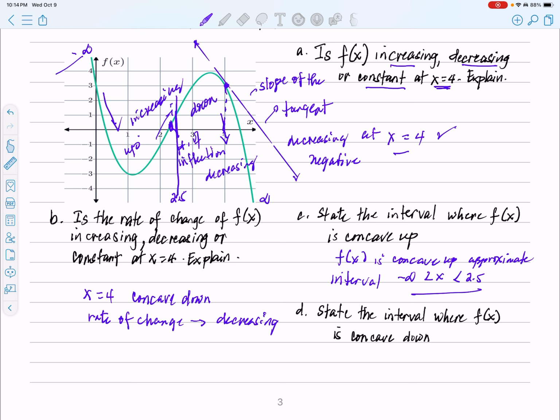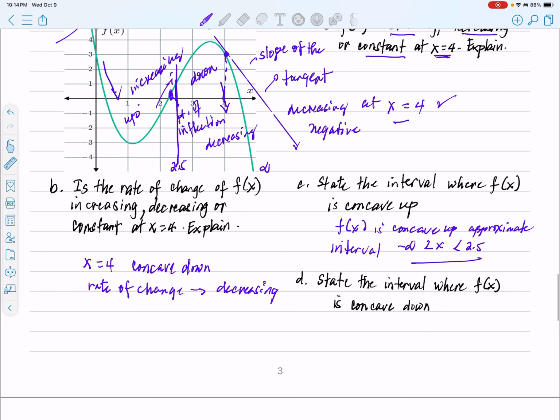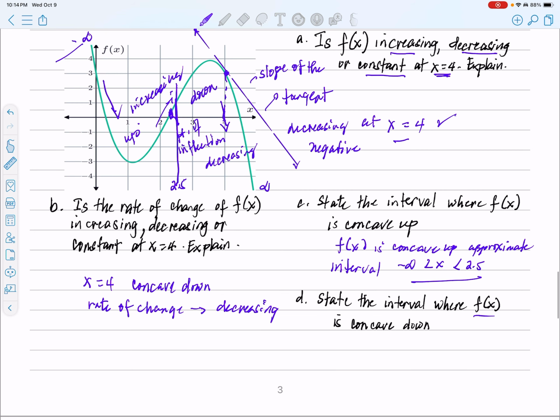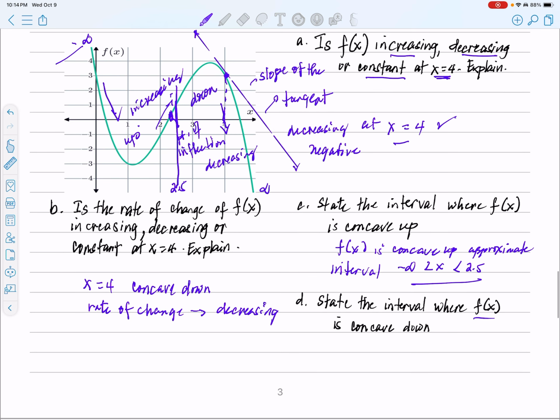So state the interval where this function of x is concave down. It's starting from 2.5 to positive infinity.